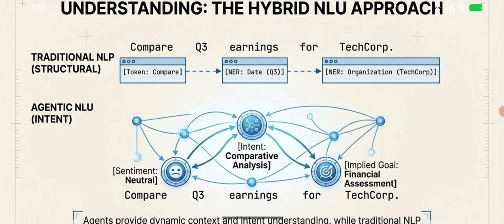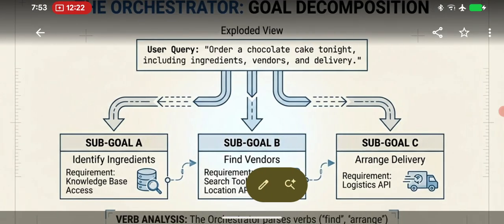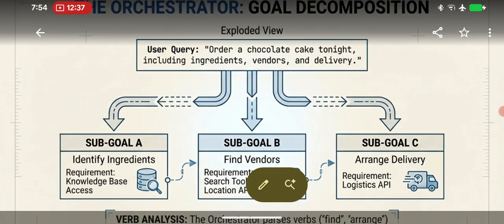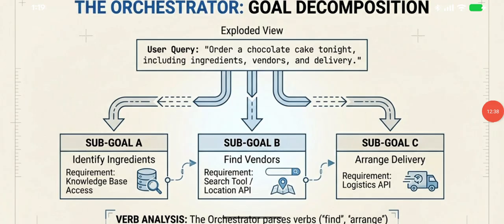So the agent provides dynamic context and intent understanding. Let's take an example to understand this design and how it will work. If a user asks, order a chocolate cake tonight, include ingredients, vendors and delivery, how many subtasks will this intent or goal have?